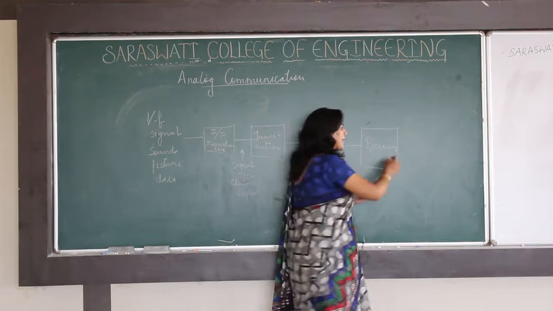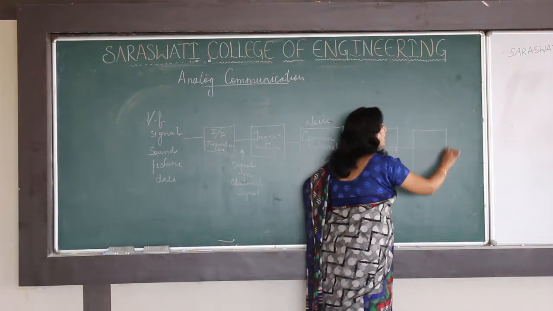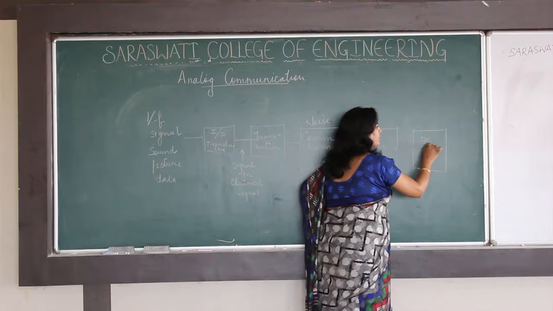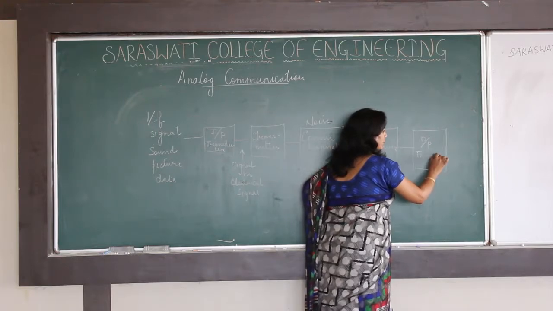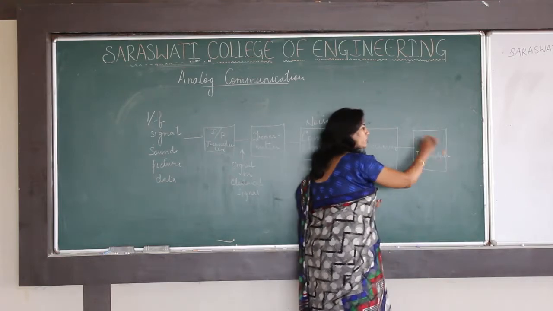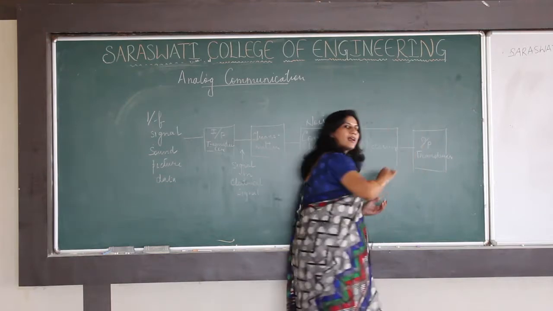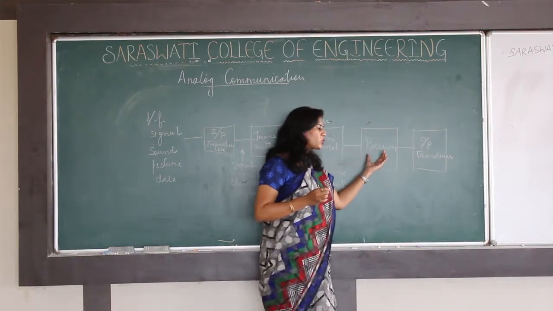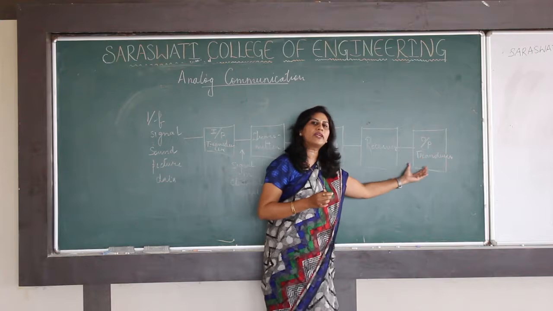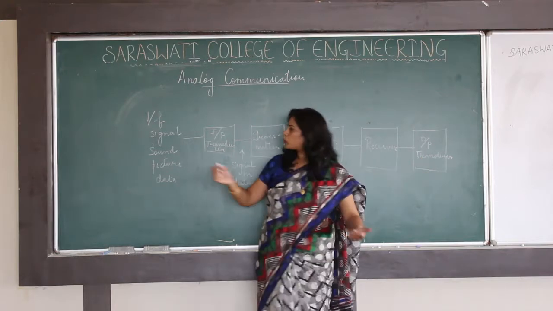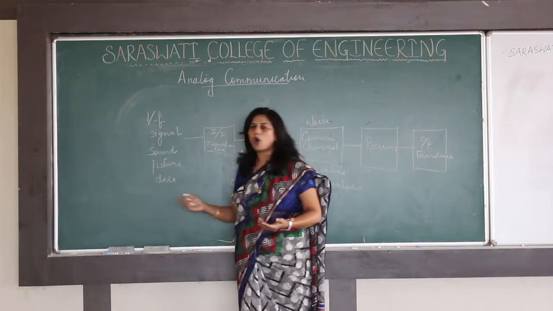After the receiver has performed this task, the signal will then be given to the next block that we call the output transducer. Now, what will the output transducer be doing? It will be converting my original information, which was in electrical form, back into the original form, which was either the sound, picture or the data.